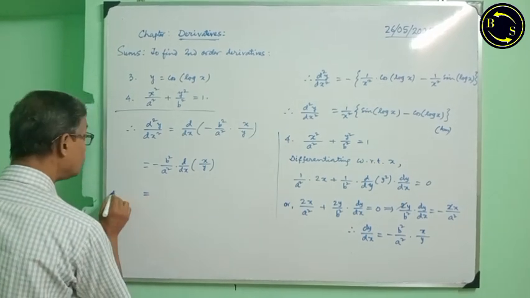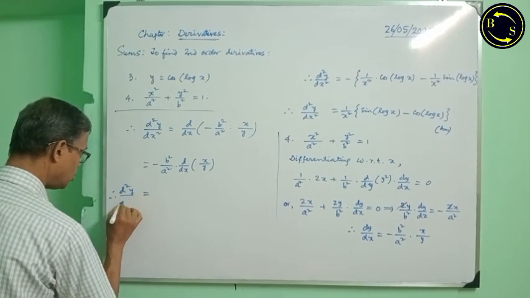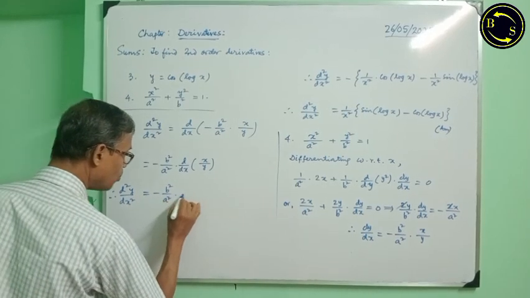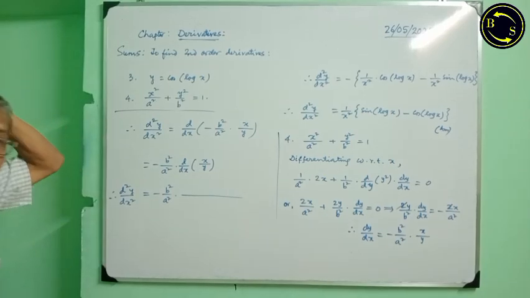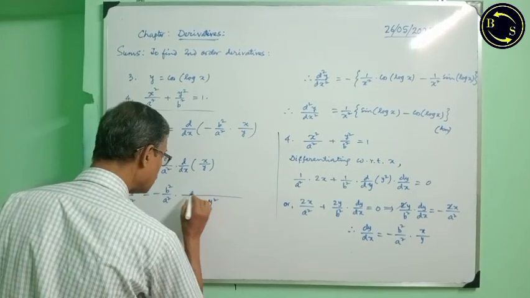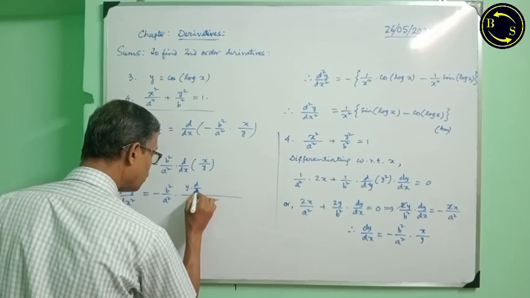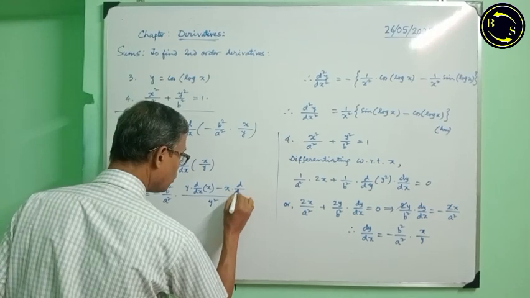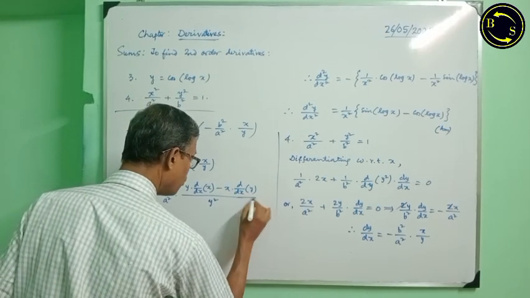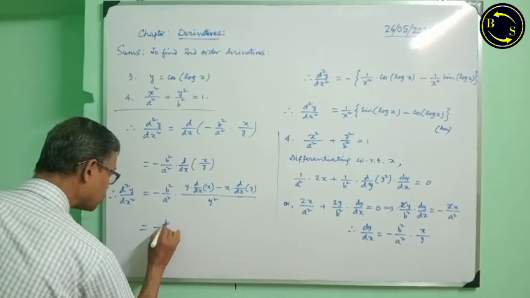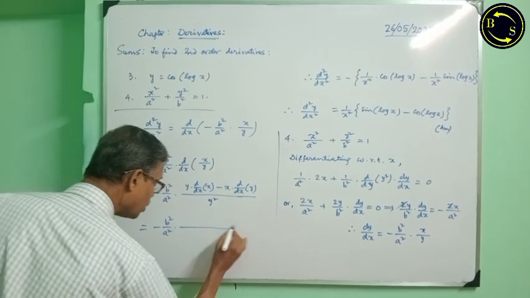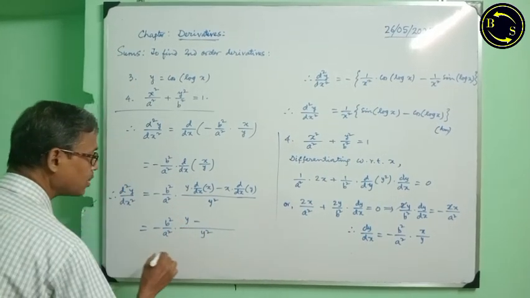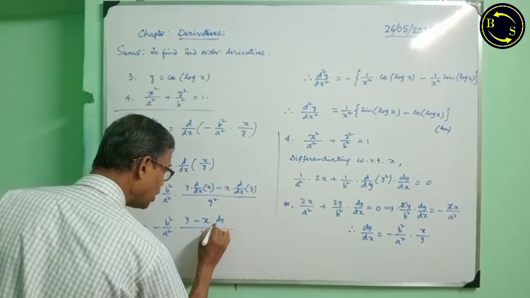Therefore, by the quotient rule, we start with v squared, minus b squared by a squared, denominator y squared. The derivative of x is 1, therefore this will be y minus x dy/dx.